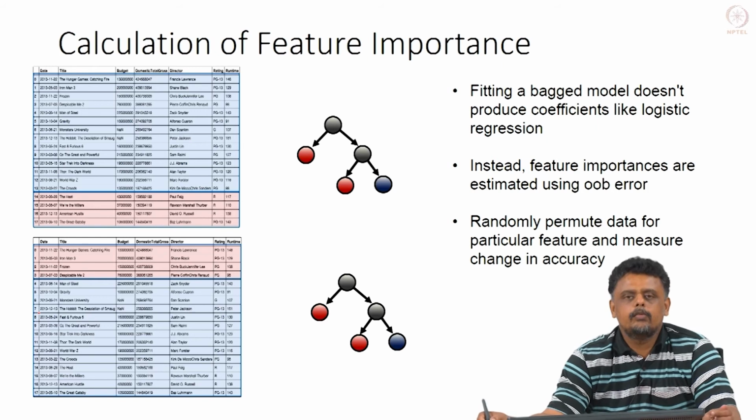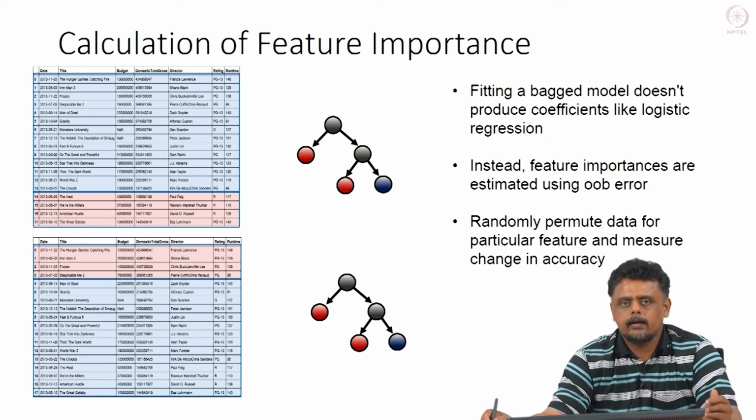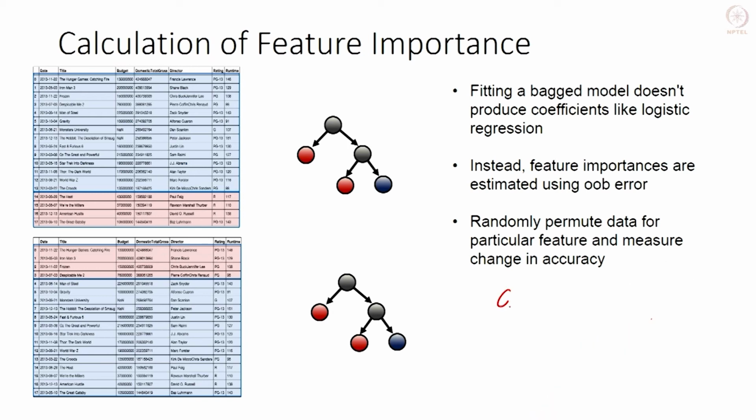Now, recall that when we were talking about decision trees, we also looked at something called feature importance. We figured out that the feature that was the most pertinent to the task at hand was the one that gave the biggest information gain as measured with the Gini index, for instance.